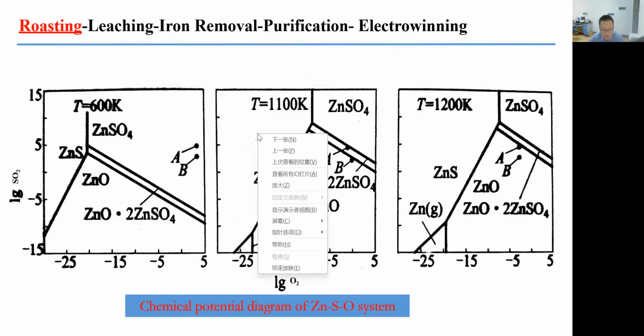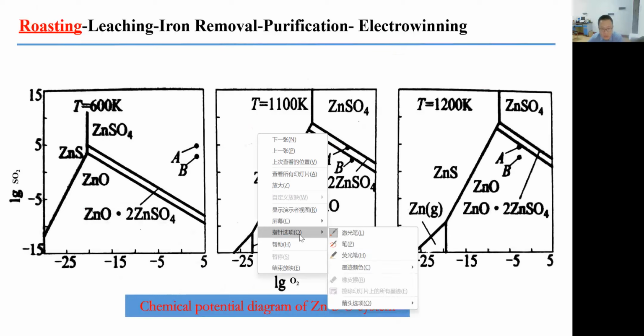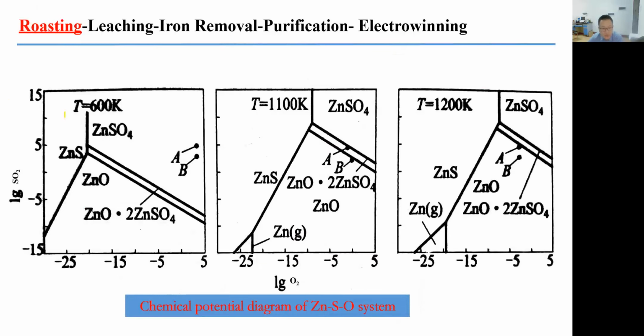As I have already mentioned, the chemical composition of the zinc concentrate will be zinc sulfide, ZnS, and we need zinc from the concentrate. So zinc should be separated from sulfur.